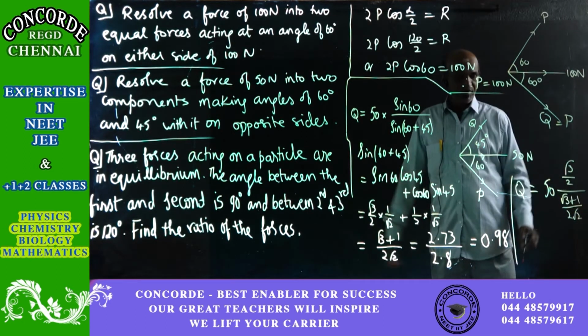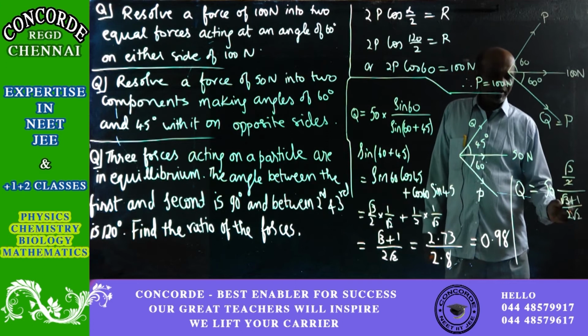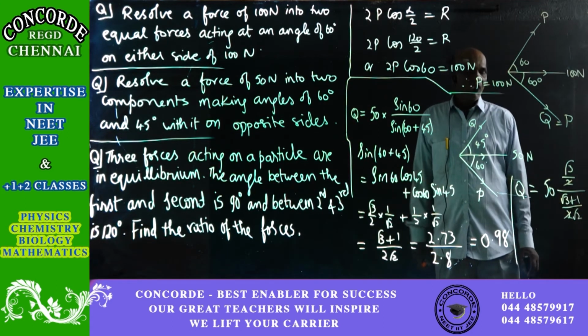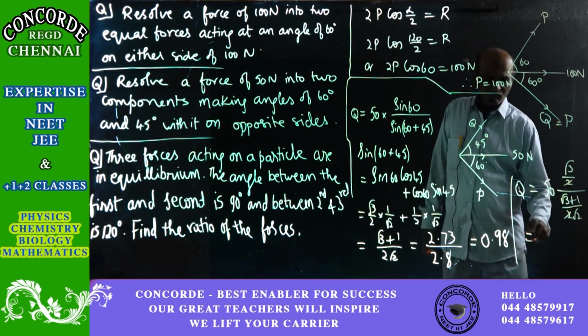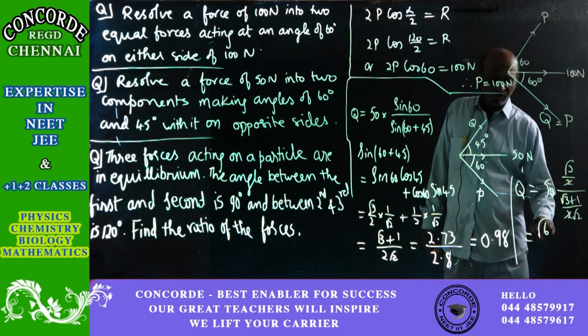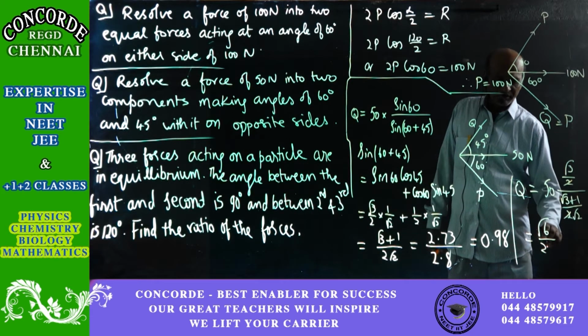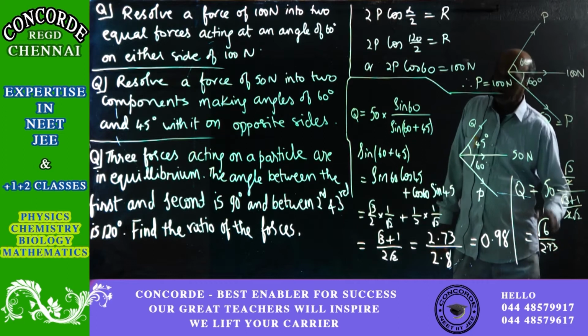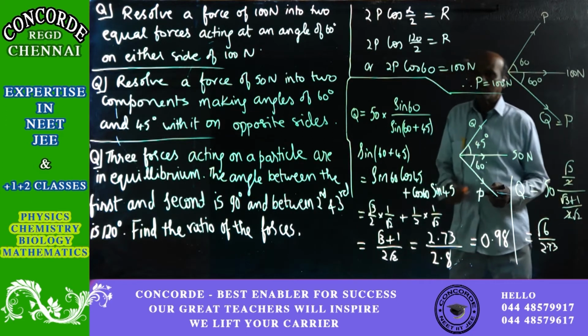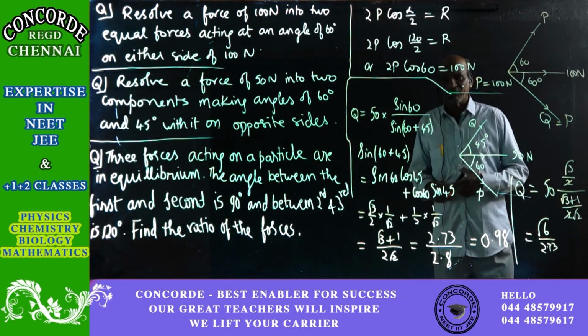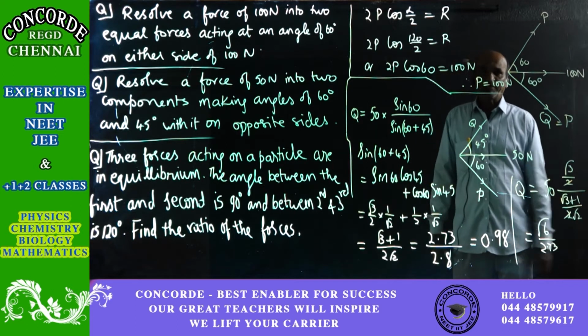Otherwise, put this value, makes no difference. 2 and 2 will get cancelled. So, we will get equal to root 6 divided by 2.73. You can leave the answer like this. Well, depending upon how the choice is given, accordingly we will also select the choice correctly. Okay.